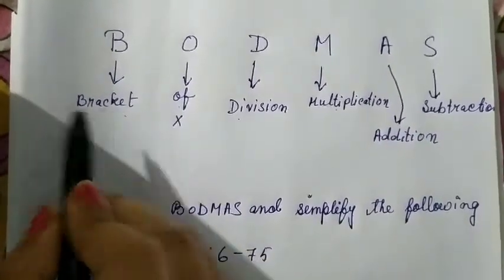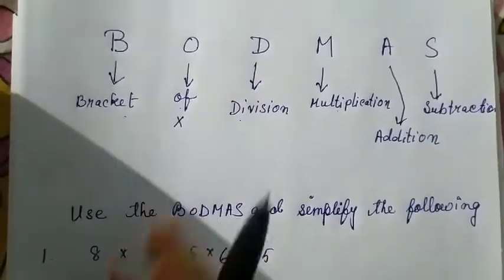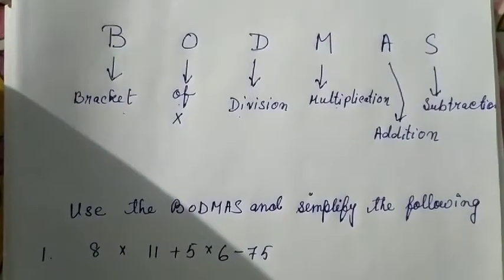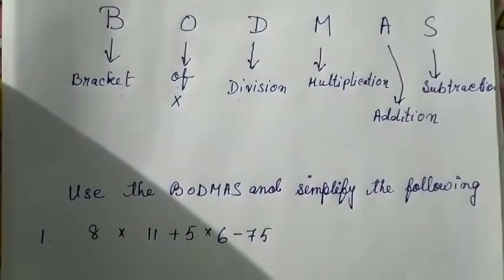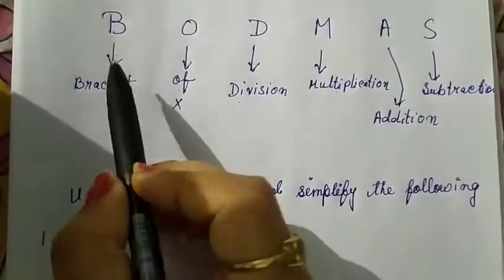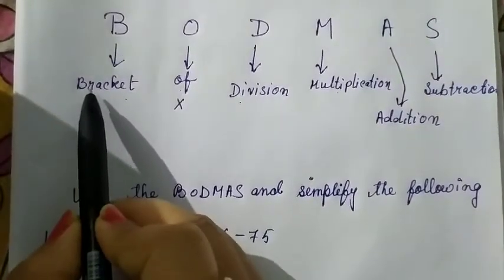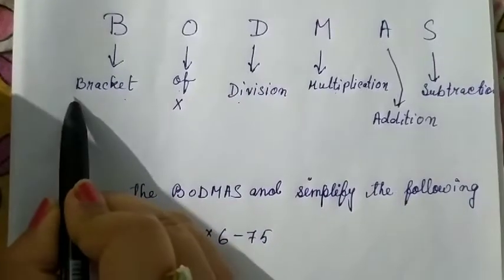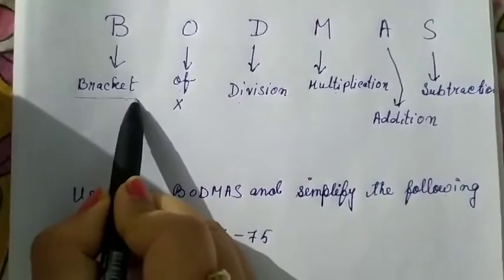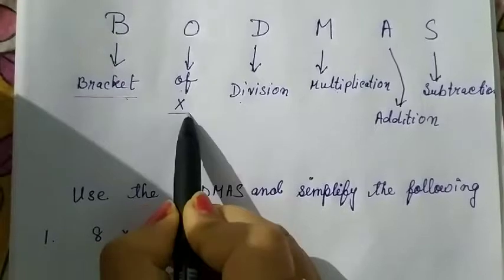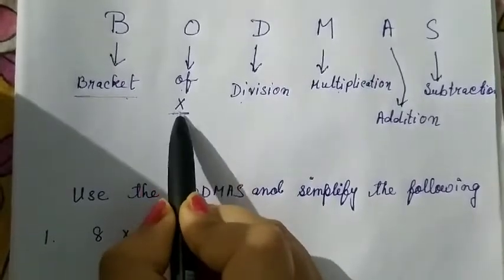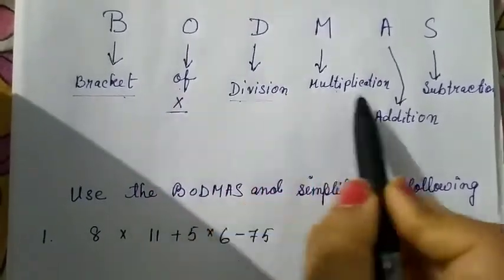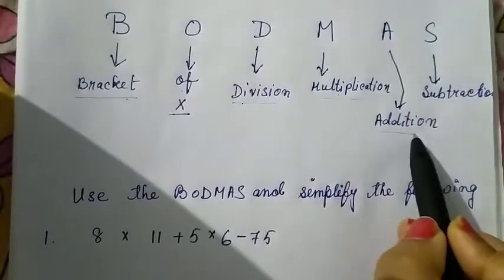If in a question bracket, multiplication, division and of are present, then we need to follow this rule. First we have to remove the bracket. Then we work on of. Then division will come, then multiplication, addition and subtraction.